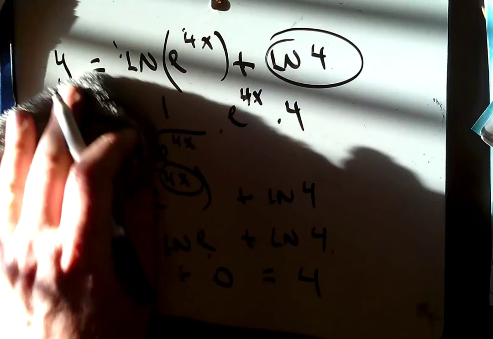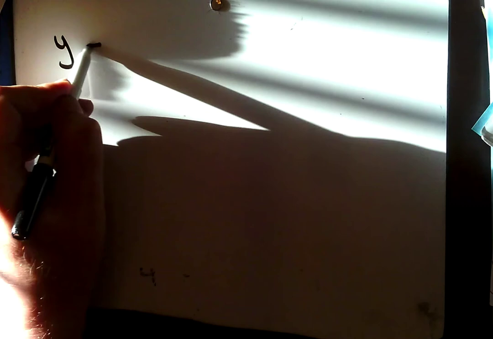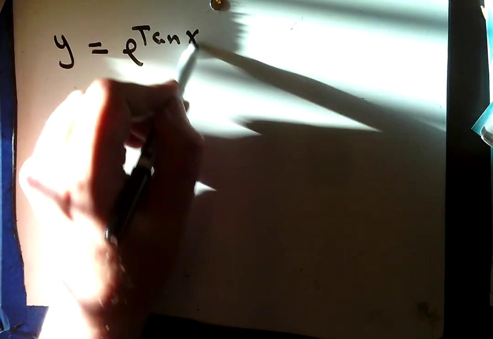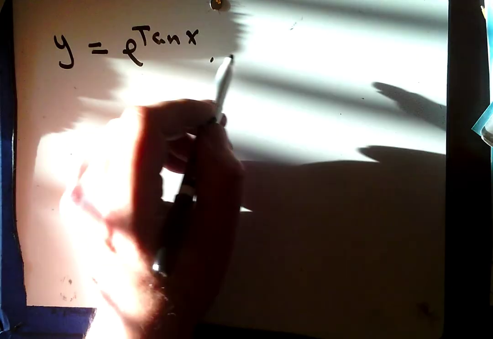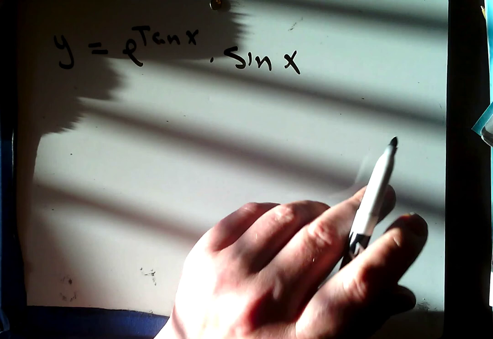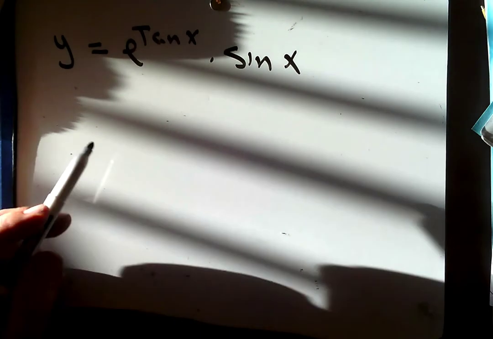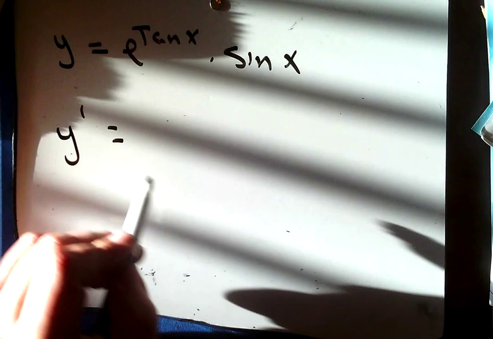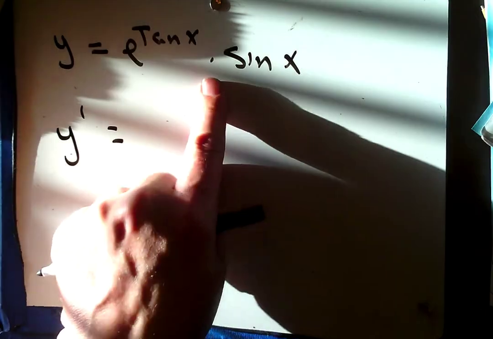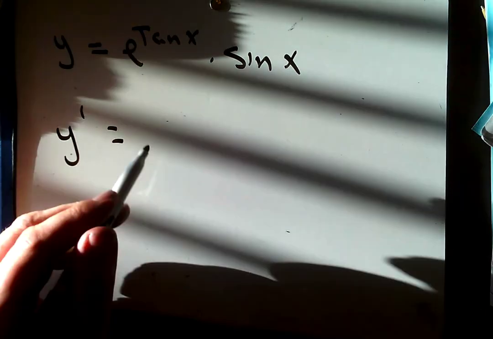Great. And then the last one I want to look at with you is y equals e to the tangent x times sine x. Or was that sine x supposed to be up there? I don't know, we'll do that one too. So y prime is going to be what? Oh, yeah, it is a product. So I have to use product rule.